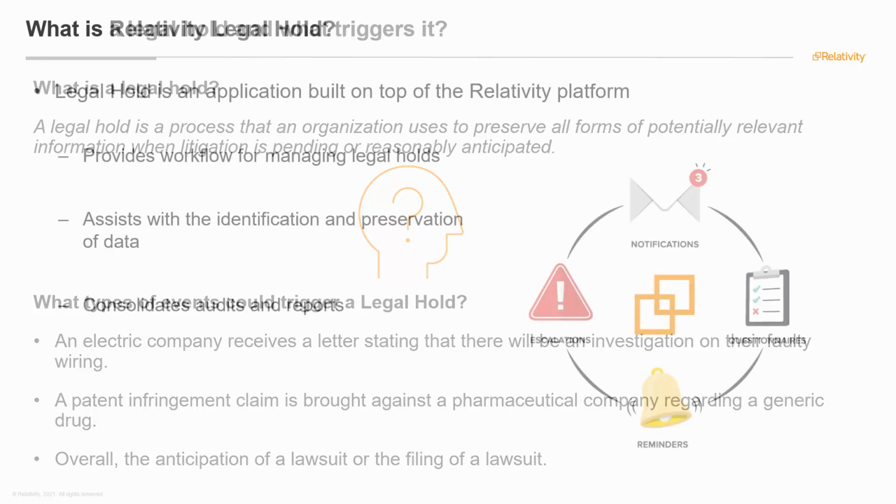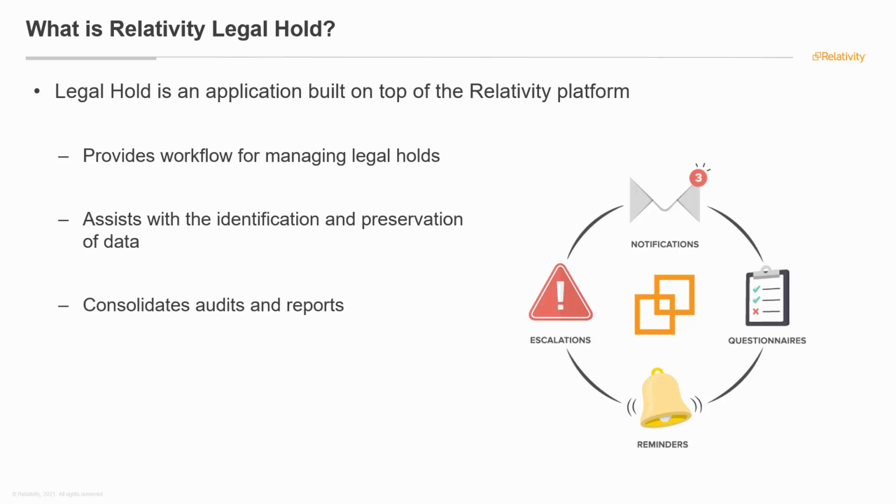Now, in terms of the Relativity Legal Hold application, it is an application that's built and operates within the Relativity platform. It provides a defensible workflow that assists individuals responsible for managing the communication and the employee acknowledgement of legal hold notices.